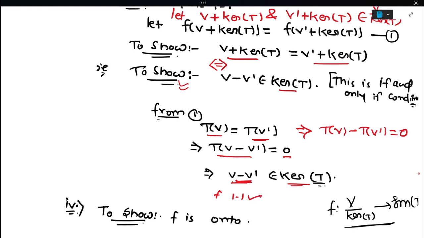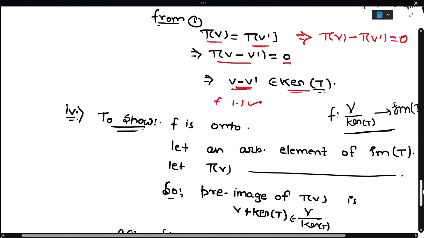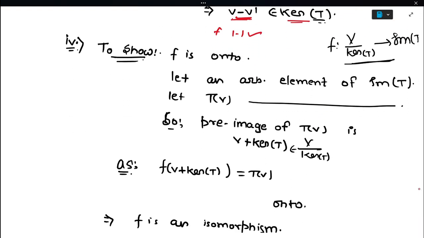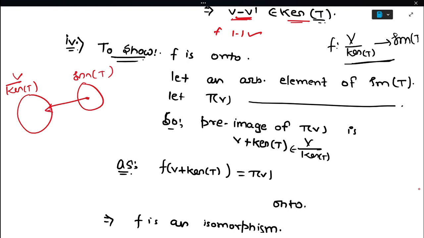Now we will show that f is onto. This is V by kernel of T, and this is the image set of T. For any element in the image set we should have a pre-image, then f will be onto.